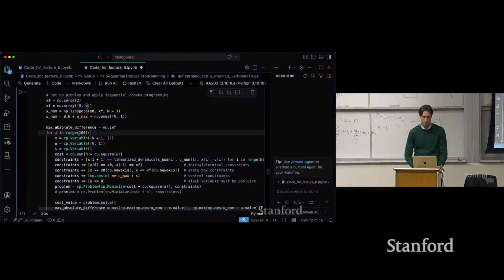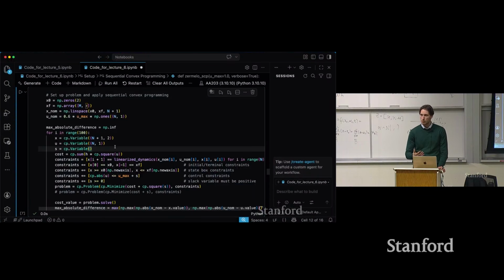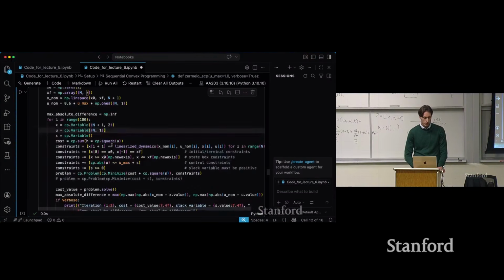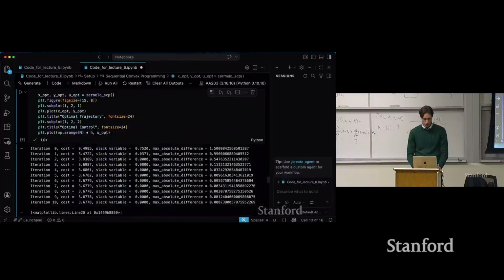So here we assume we have a maximum number of iterations that is 100. For each of our iteration steps or loops, we would be defining an optimal control problem, which entails our x's and u's. For now, ignore the s. We have our cost function, we have our linearized dynamics, we have our initial and terminal conditions, we have our state and control constraints, and we can just solve it.